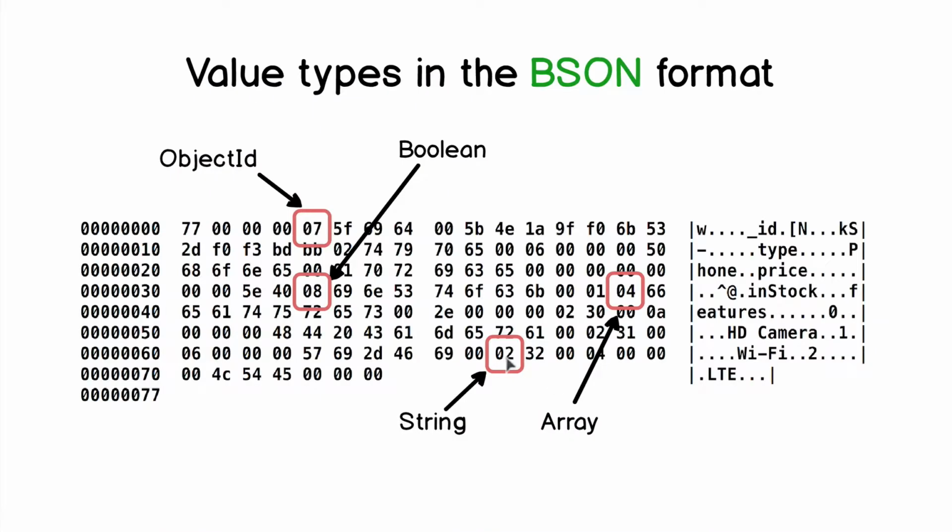And finally, 02 is string. You remember that features is an array of strings, such as HD camera, Wi-Fi and LTE. All those values are strings. You see 02 also here and here. All those three ASCII codes 02 say that the value is stored as a string.